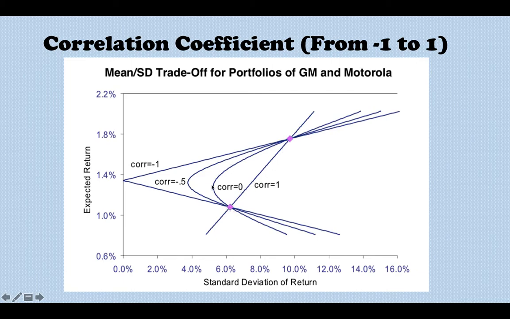However, if your correlation coefficient is less than 1, you can hold them proportionally and reduce the risk while increasing the return. That is the beauty of the correlation coefficient. The more negatively correlated they are, the more you can reduce the risk without reducing the return. So you should hold stocks that are negatively correlated, or whose correlation is less than 1.